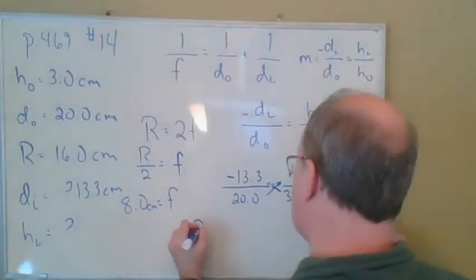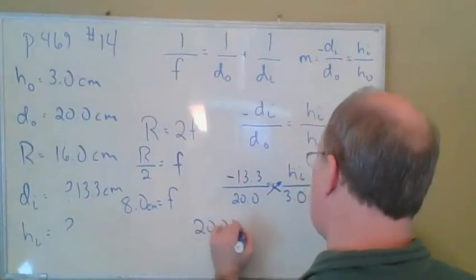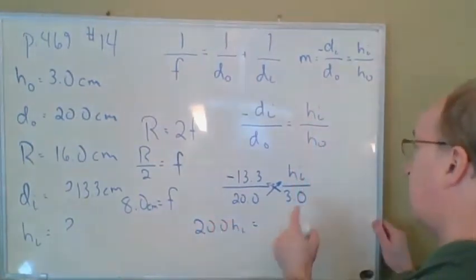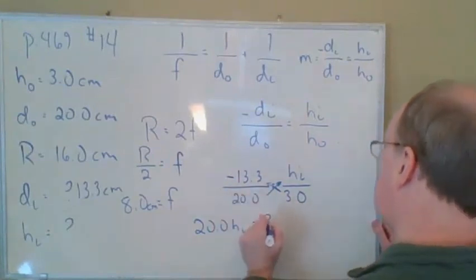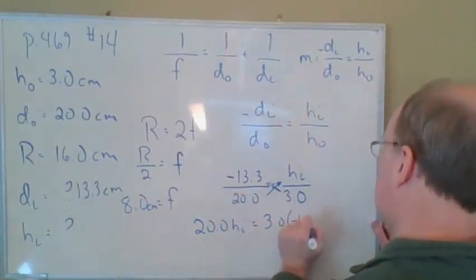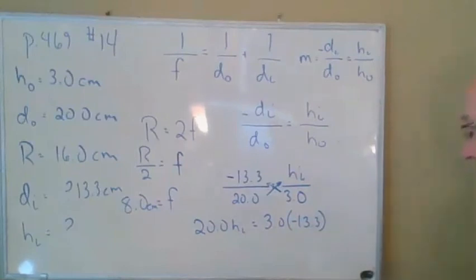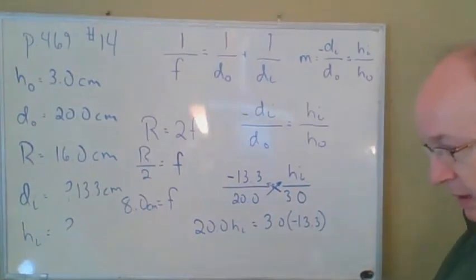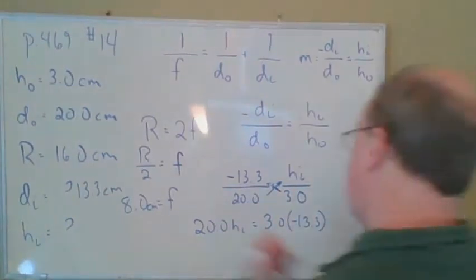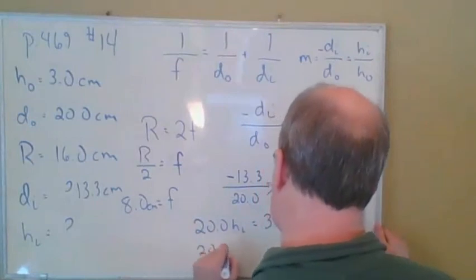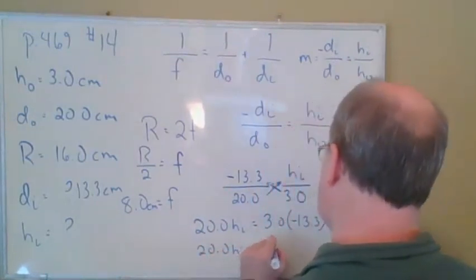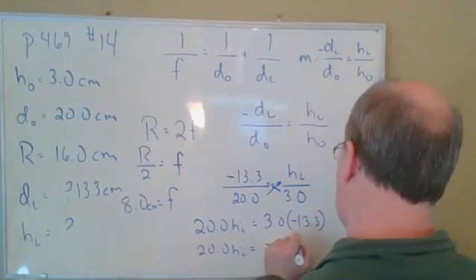Well, it looks like this. 20 times hi equals 3 times negative 13.3. All right, I need a little calculator action here. 3 times 13.3 equals, so what I have is 20 hi equals negative 39.9.